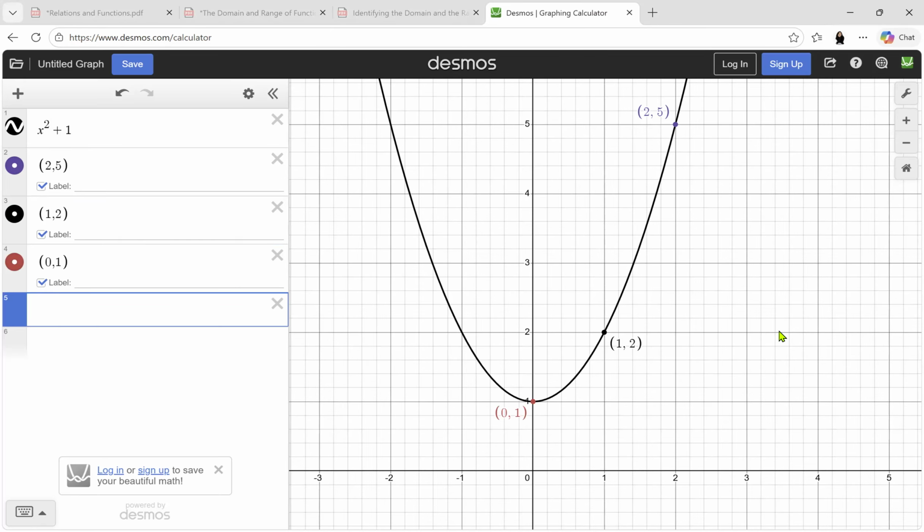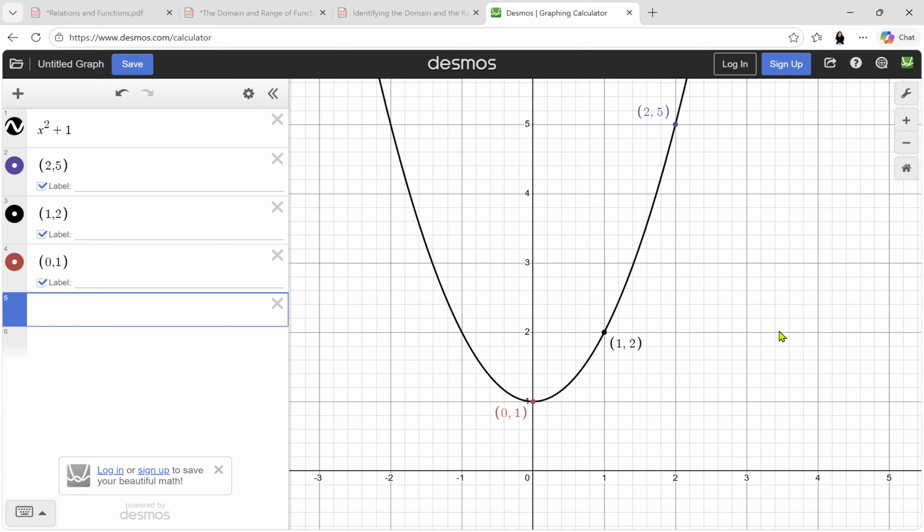All right. Now, I'm going to tell you what the f of x value is, and you're going to tell me what the x value is. When f of x is equal to 2, what is x?